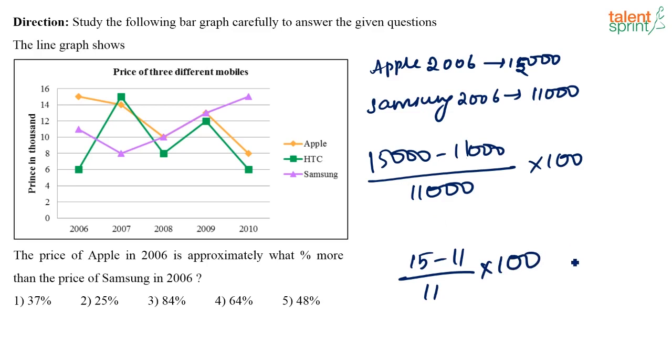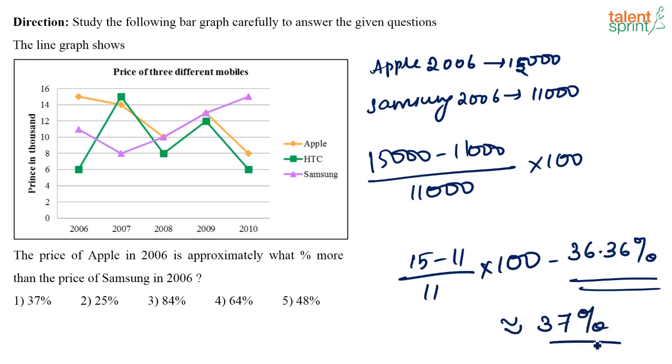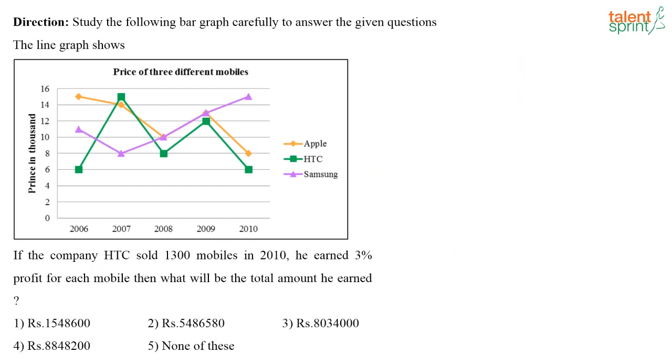So what is the answer that you get here? 4 by 11 into 100, which is 36.36 percentage, approximately 37 percentage. Option 1.